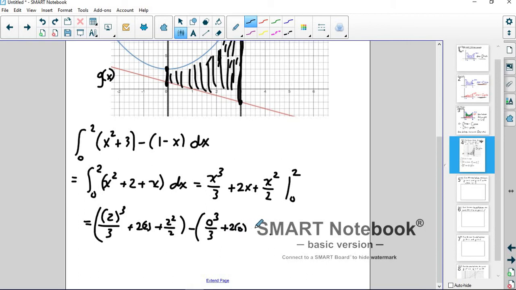In this case, when you plug in 0 everywhere, you get 0. That doesn't always happen, so make sure you do plug it in. But in this case, I get 8/3 plus 4 plus 2, and that turns out to be 26 over 3. Okay, simple enough, and that's the process.